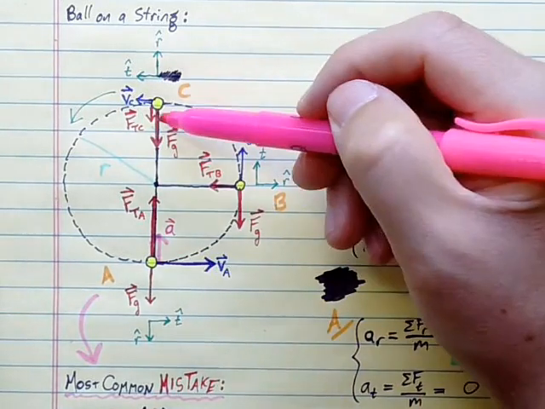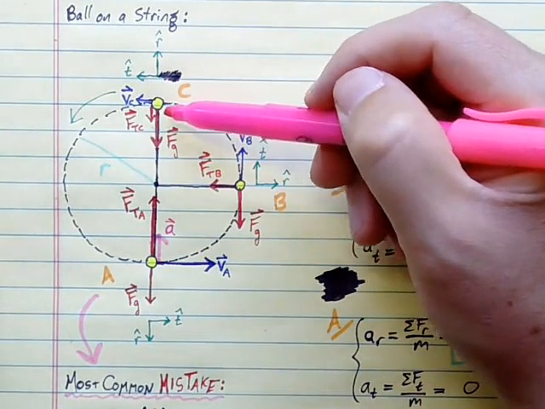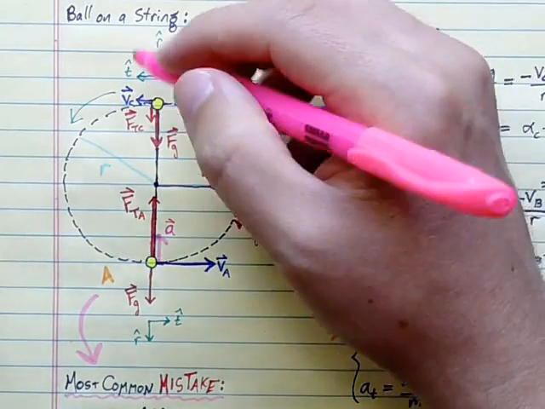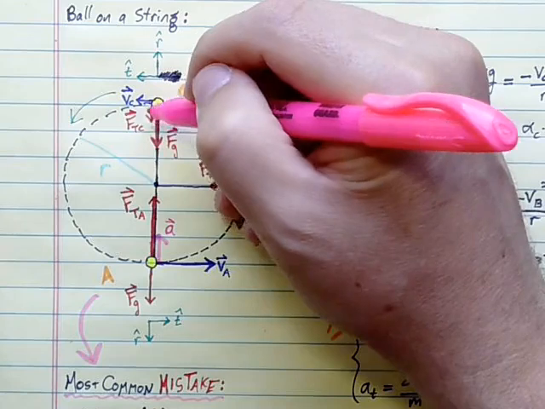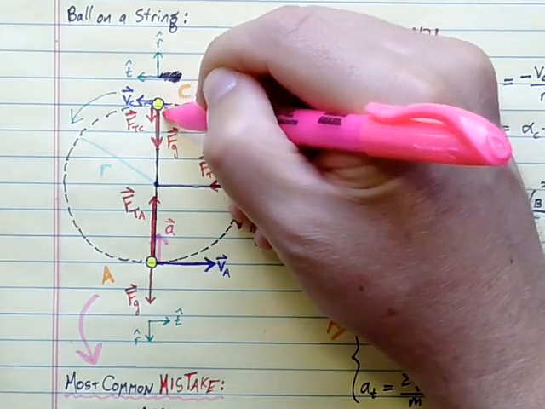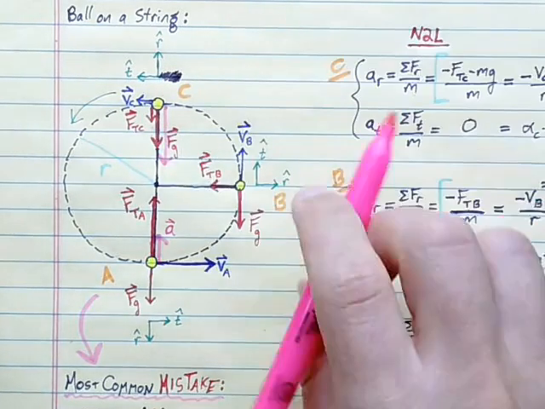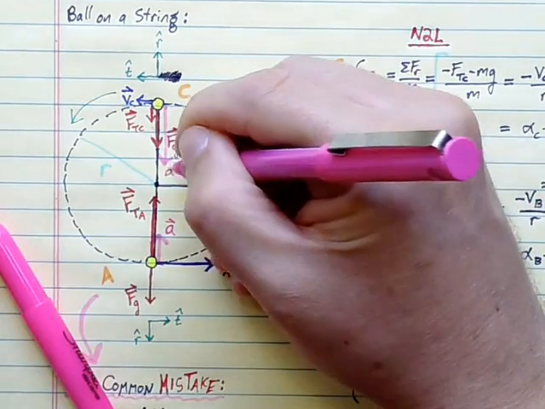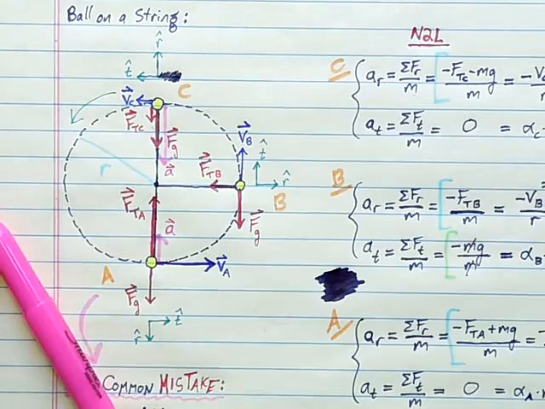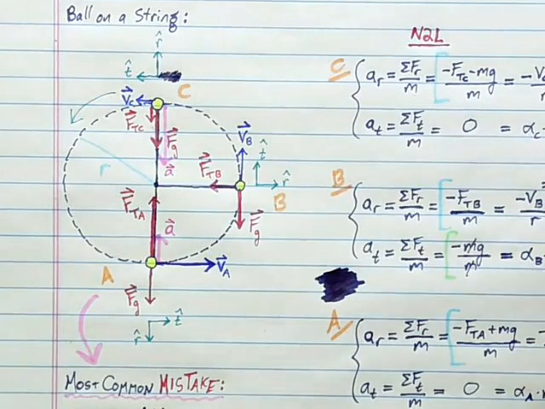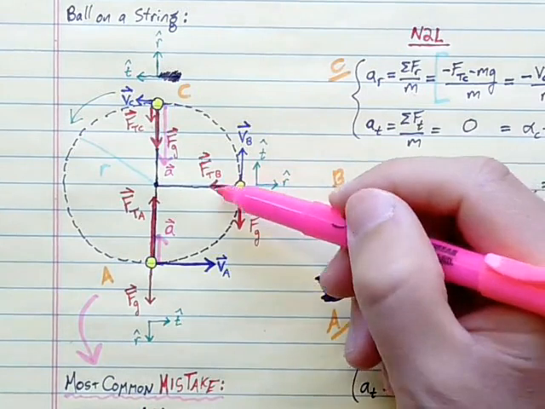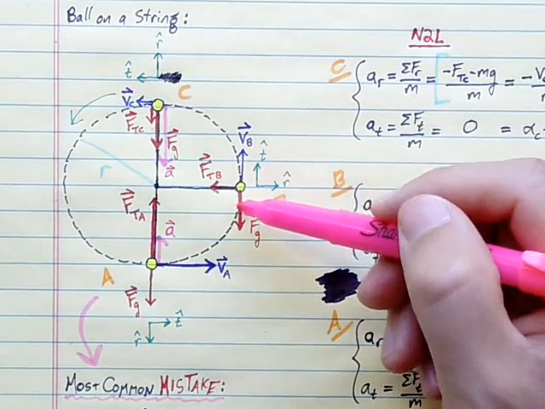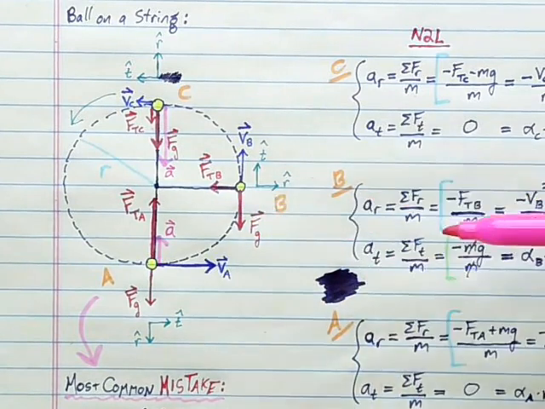At the top, our acceleration is in the direction of the net force, so gravity's down and tension's down, so they're adding up. So we're going to get a large net force downwards, and that'll give us a large acceleration downwards as well. So there's our acceleration vector at the top. And at the side here, our net force can be found by using the parallelogram method for adding vectors, since we've already got them tail to tail in this FBD.